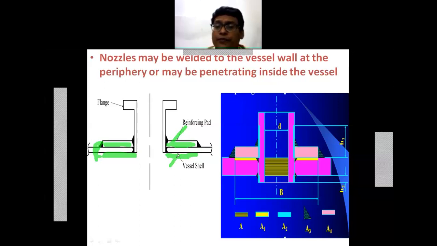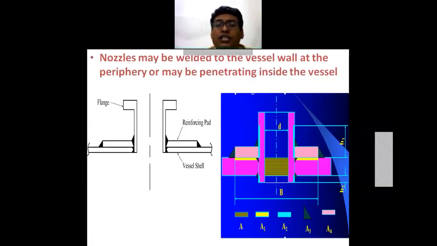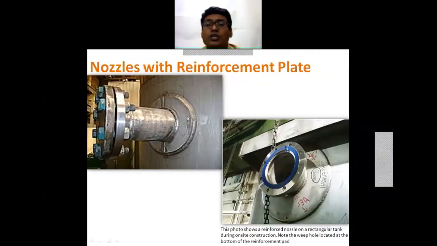In case of unbalanced compensation, the compensating material or the plate is provided either on the inside or on the outside of the vessel wall, as shown in this figure. The compensating plate or the reinforcing pad is only provided on the outer surface of the shell. In this figure also, the compensating plate is shown on the outer surface; you cannot see the inside surface, but generally unbalanced compensation is provided.